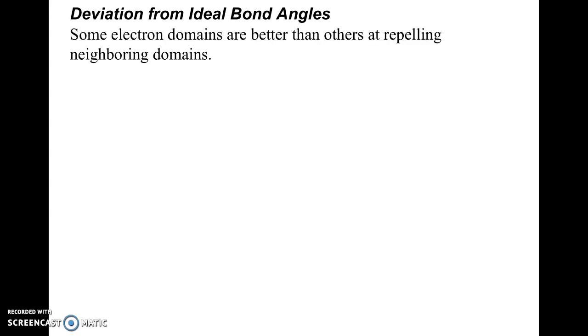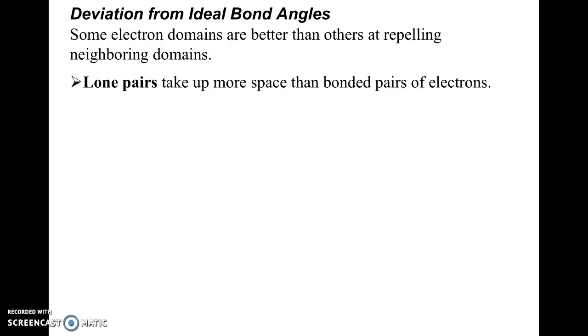All right, there are some deviations from the ideal bond angles, and that is, the bond angles we expect are due to equal repulsion of the neighboring domains, but lone pairs do take up more space. As I just alluded to, there's not an atom on the other side with protons pulling the electrons.